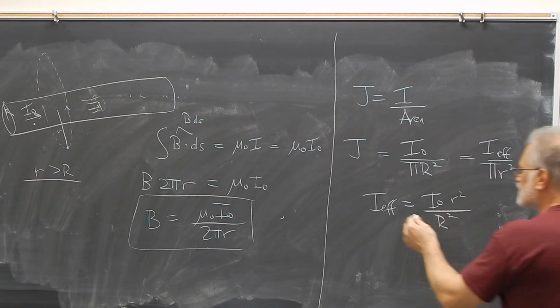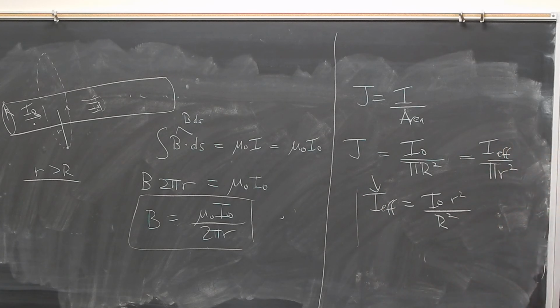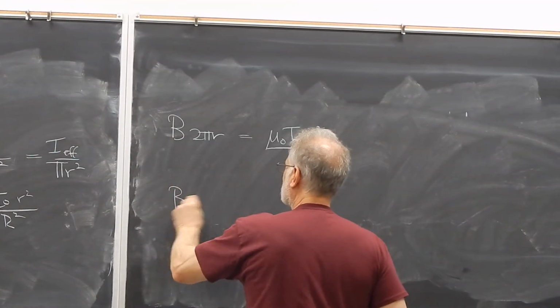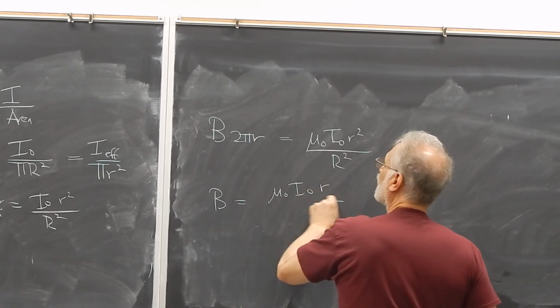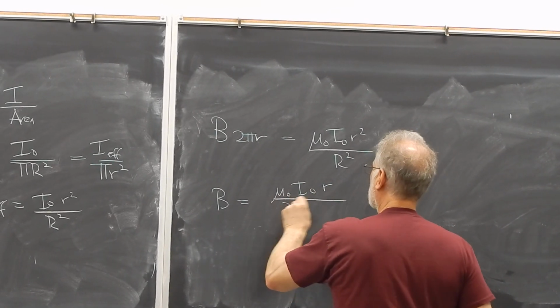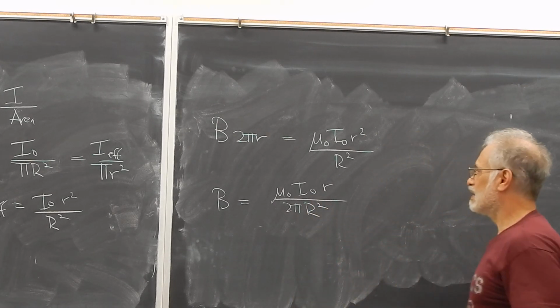I can take my answer now and put this inside Ampere's law. Once again, B is constant everywhere on that loop. ds is just 2 pi r, where r is the radius inside the wire, and that is equal to mu naught times I naught r squared over capital R squared, and therefore the magnetic field inside the wire would be mu naught I naught little r over 2 pi capital R squared.